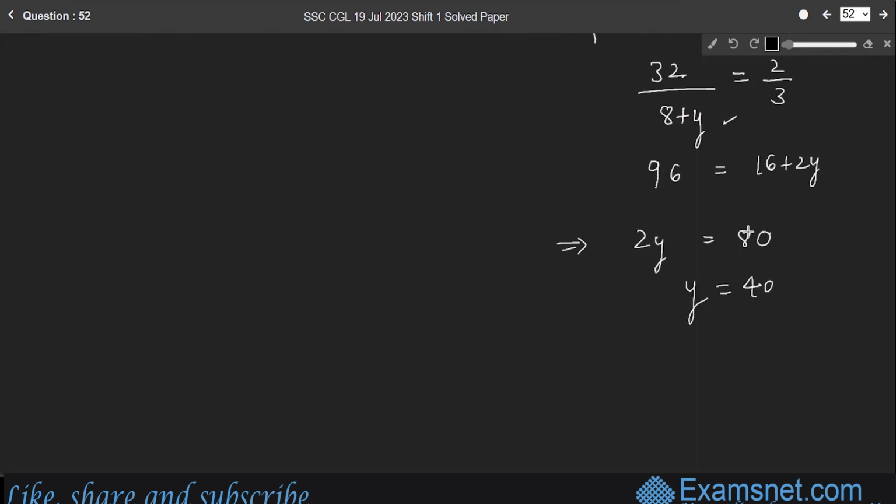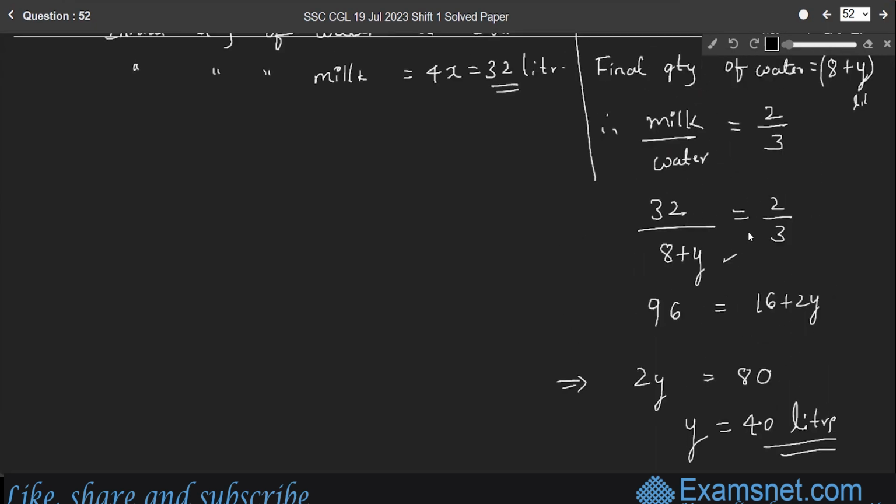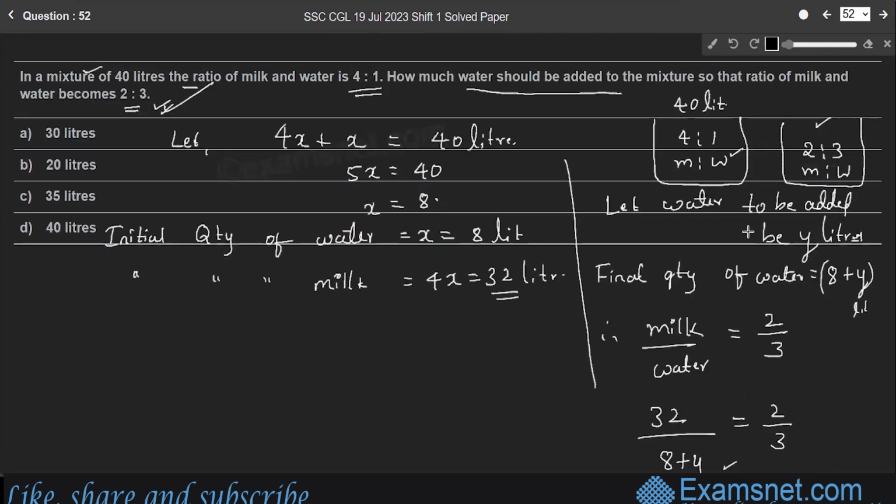Therefore, y is equal to 40, right? So the added water is 40 liters. Therefore, option D is the right answer. In order to make the ratio 2:3, the water to be added is 40 liters.